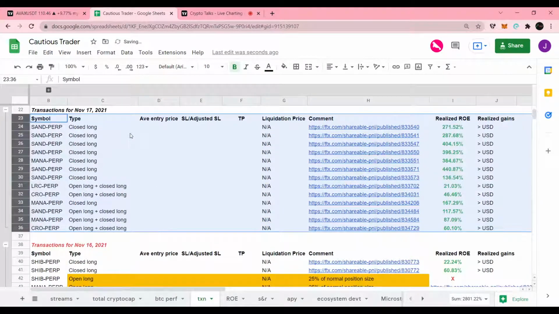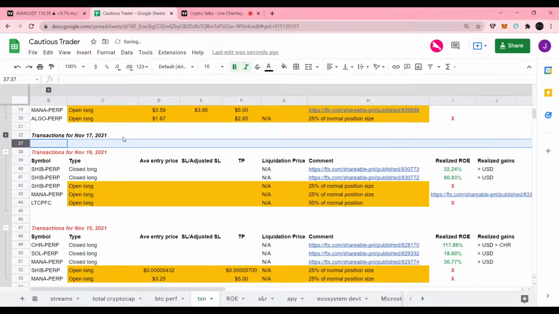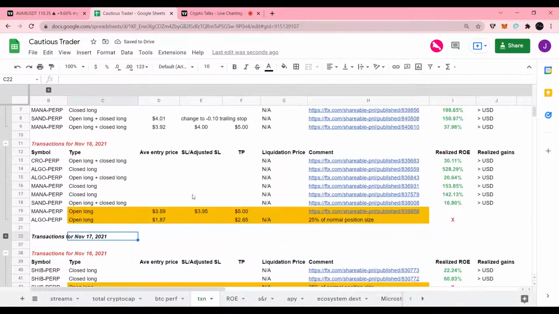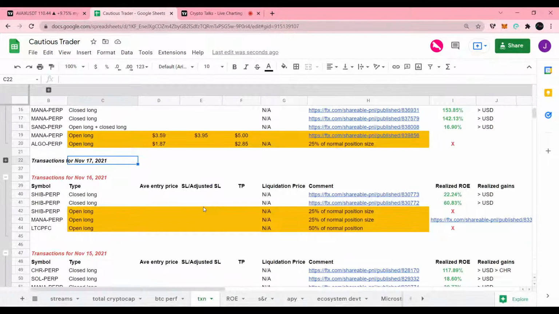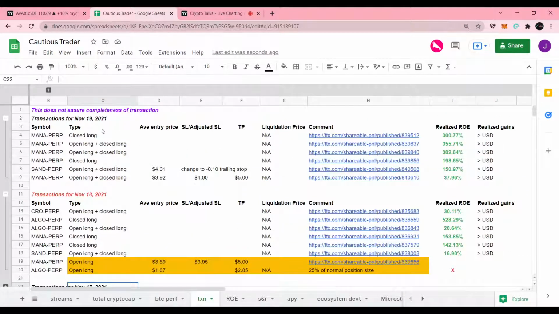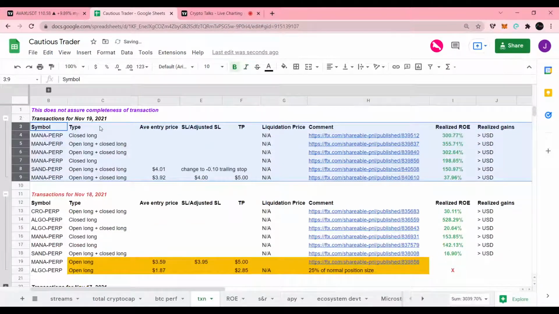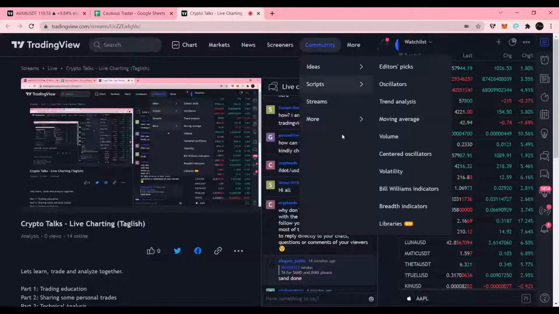Like for example, this one, most of the transactions are closed, so I'll just close that one, so that at least I'm only looking at the remaining open transactions. And of course, for this one, since it's all closed, but since we are discussing 19, I just left it open. But right after the stream, I'll just close that one. So I think that's it for that.